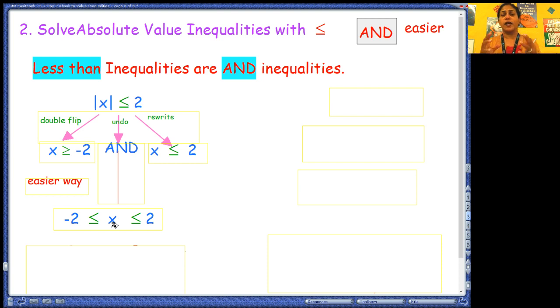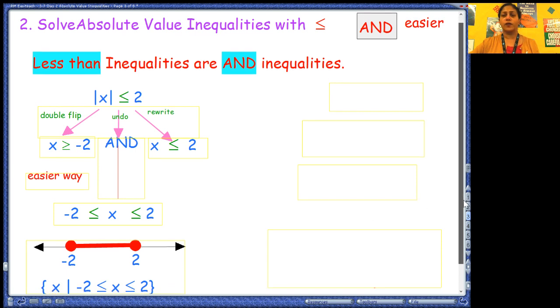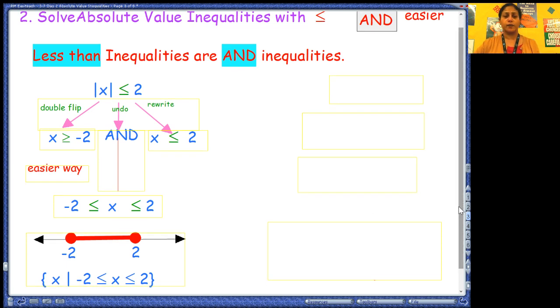Remember that this is an "and" inequality. If you ever need to, you should be able to separate it with the first two and the last two. And then you put this in a solution set, and if you're required to graph, the graph should look like a line segment. By now you should be pretty familiar with how to graph these type of inequalities.